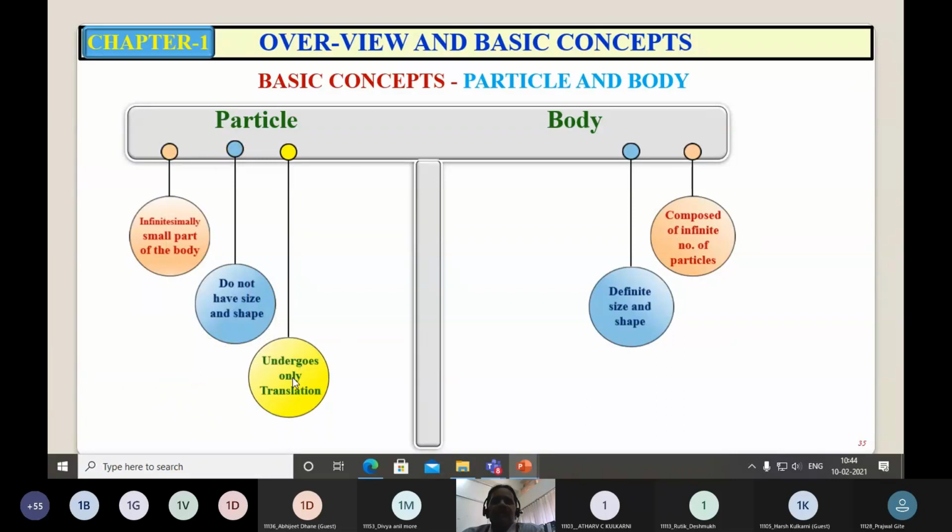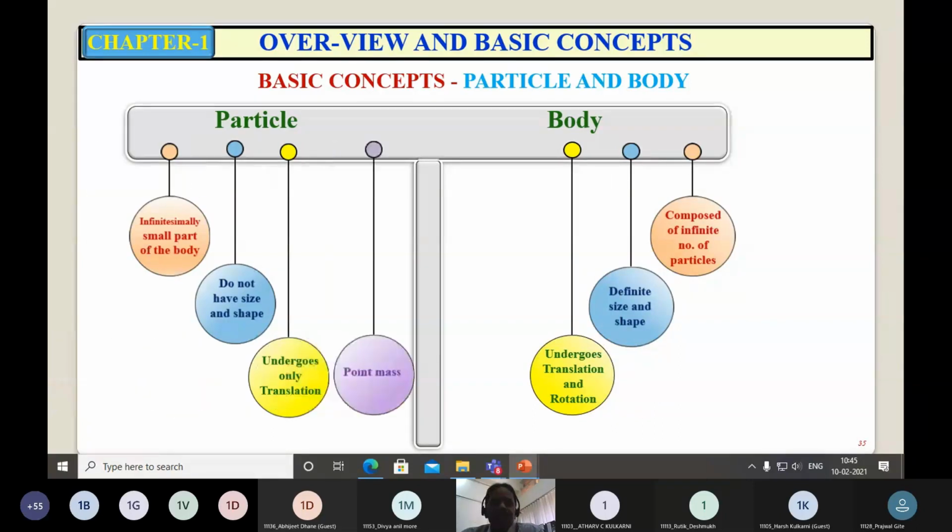Particle undergoes only translation. There is no rotation. Body undergoes translation as well as rotation. Particle is nothing but point mass. Dimensions are neglected. Whereas mass is distributed over the entire body in case of a body.